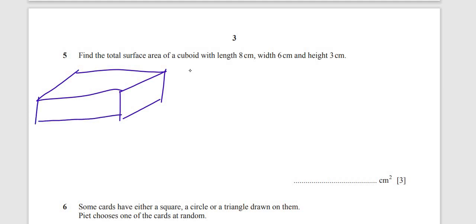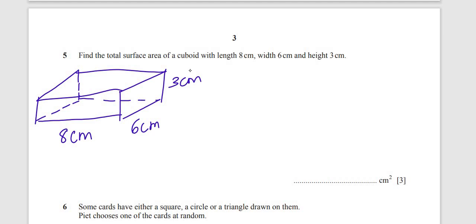Okay, so it measures 8 centimeters by 6 centimeters by 3 centimeters. So surface area means that we're going to work out the area of the 6 faces of the cuboid. So all the 6 faces are rectangles.